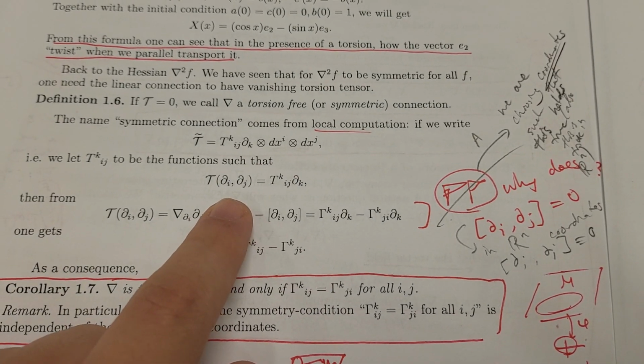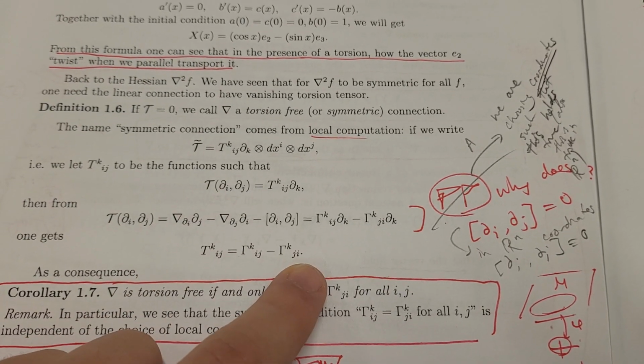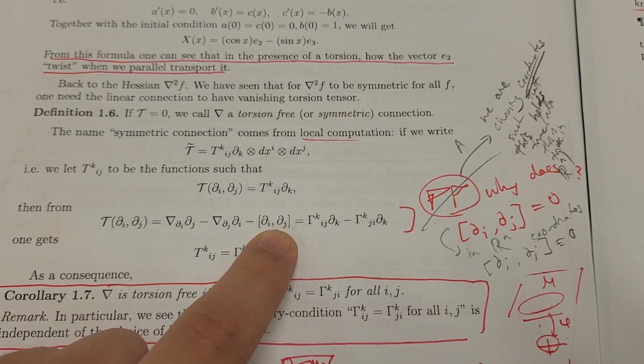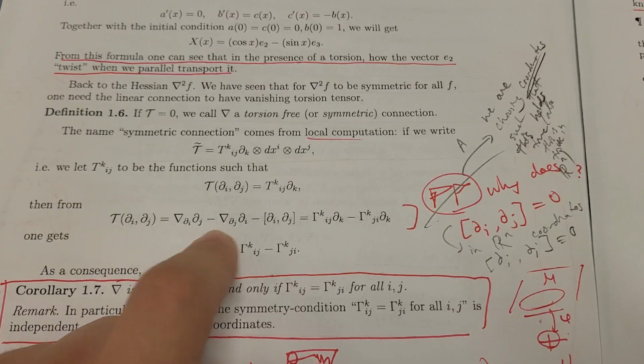And now, to set the torsion equal to 0, we can perform this calculation. Notice that the partial derivatives always commute in Rn, so this will vanish when we evaluate this.